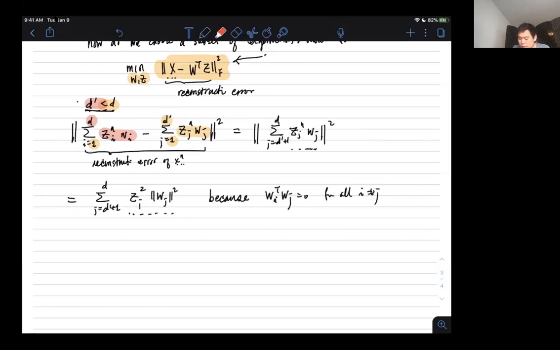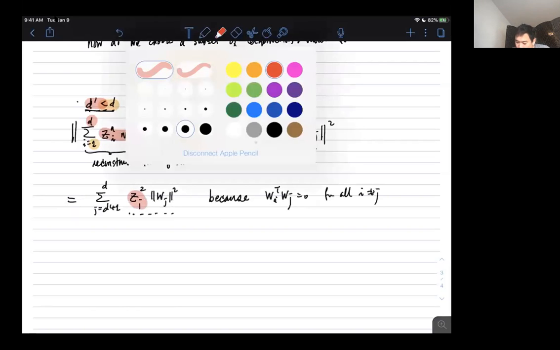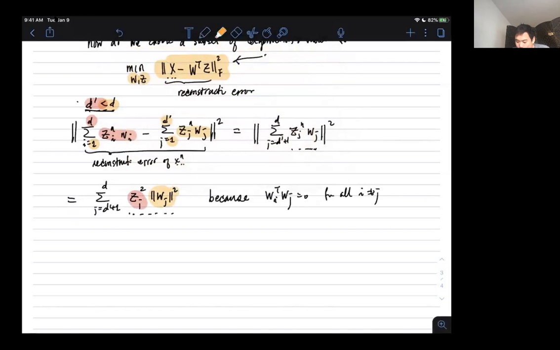So remember, this Z_j is a scalar. If we are trying to compute the norm of the scalar times a vector, you can write it down as the norm of the vector times the square of the scalar. And then we have the L2 norm of this W_j.